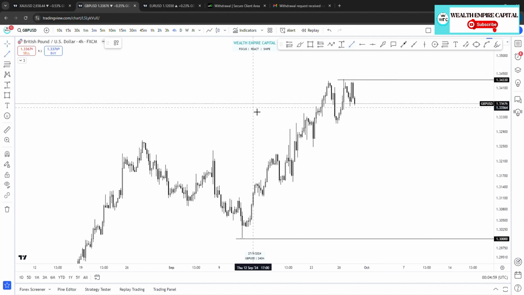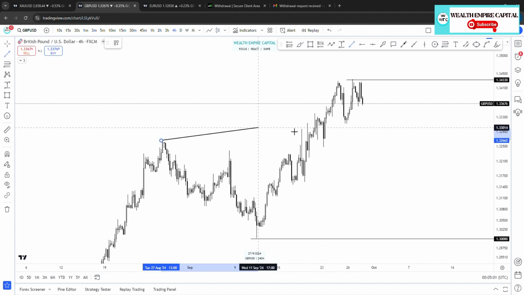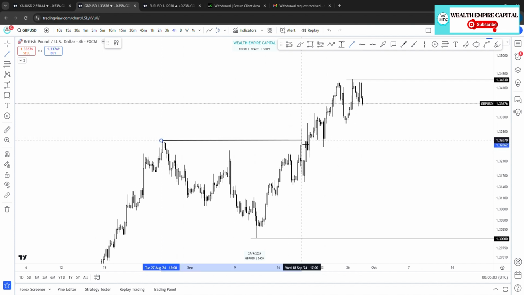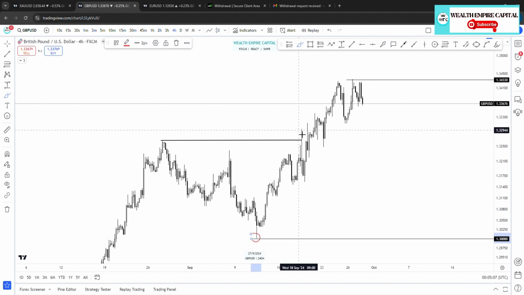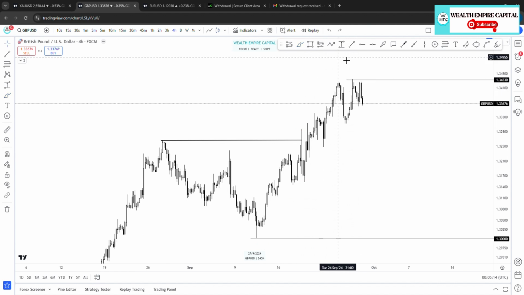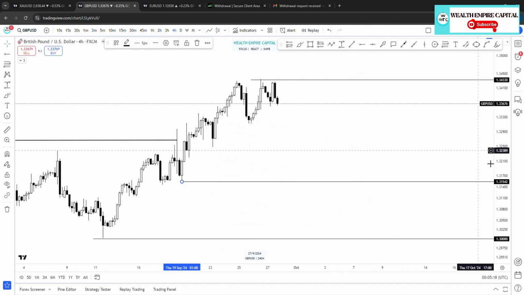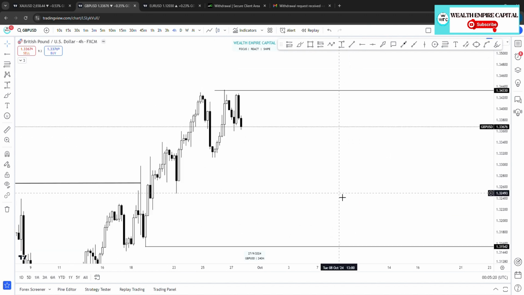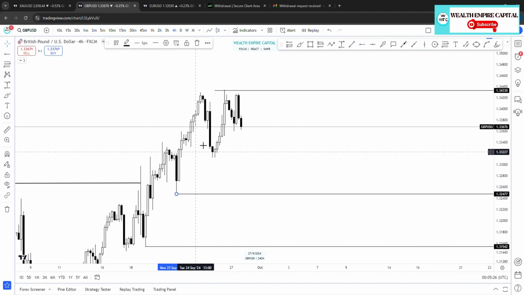In here, this is the first time I saw a break of structure of this high. Right in here you can see that it was done with a wick, which is okay. So in here I have this low that created this high, and this is now my new low that has created this high. What it means is that I will ignore everything and focus on just this low to this high. Now within this I'm also going to do the same thing. I'm going to define what the internal structures are saying, which leaves us with this low to this high.